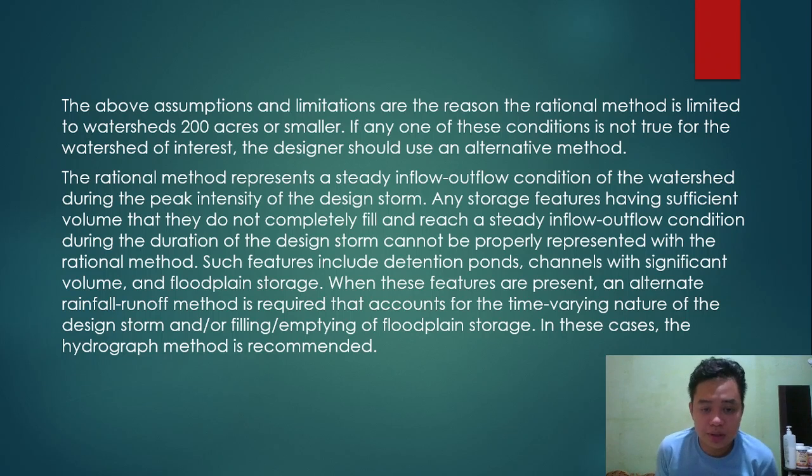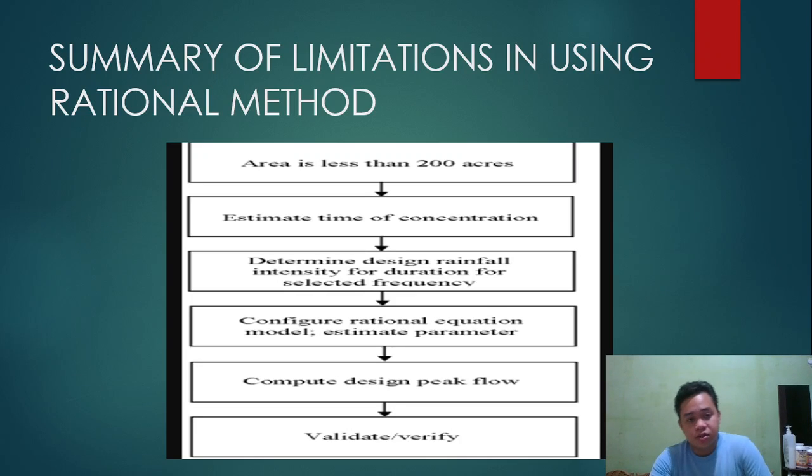Such features include detention ponds, channels with significant volume, and floodplain storage. When these features are present, an alternate rainfall runoff method is required that accounts for the time-varying nature of the design storm or the filling or emptying of floodplain storage. In these cases, the hydrograph method is recommended. These are the summary of limitations in using the rational method.